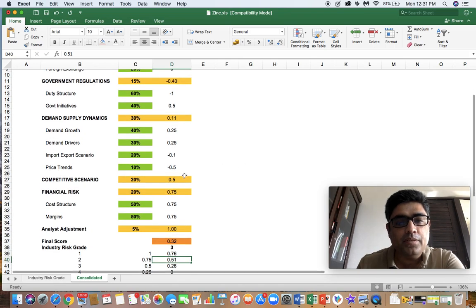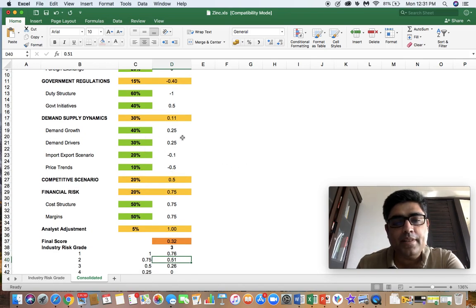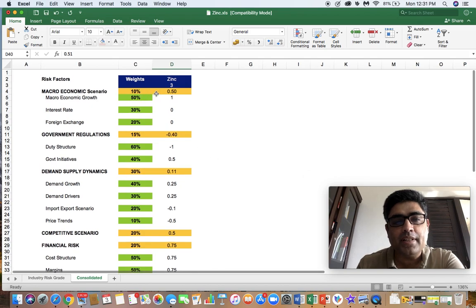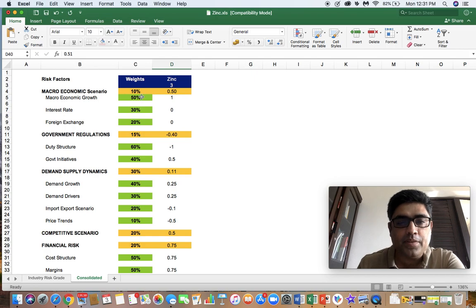Once the figures are placed and the weightages are assigned to the subheads, the ones marked in yellow are the broader head figures. If you want to understand how this figure is coming up, it's basically the sumproduct of these figures along with these weightages, right? So 50% into 1, 30% into 0, 20% into 0, is 1. This is minus 0.40, which is also calculated in this manner.